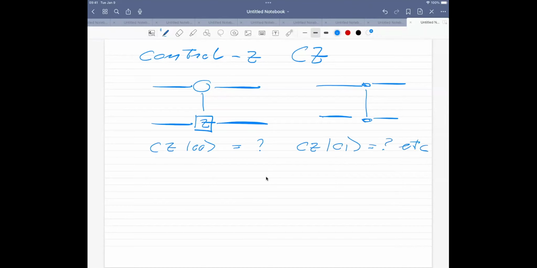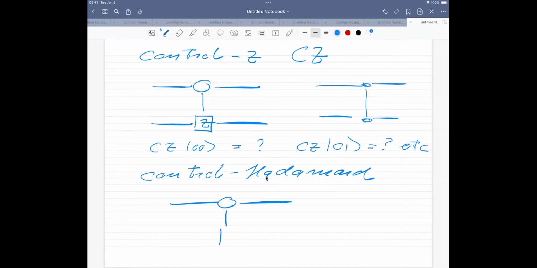There's also another gate which is interesting to look at, and that is the Hadamard gate. You can set up different types of control gates. In that case, what you would have is something like this. You have the control qubit here, and then you have a Hadamard gate here.